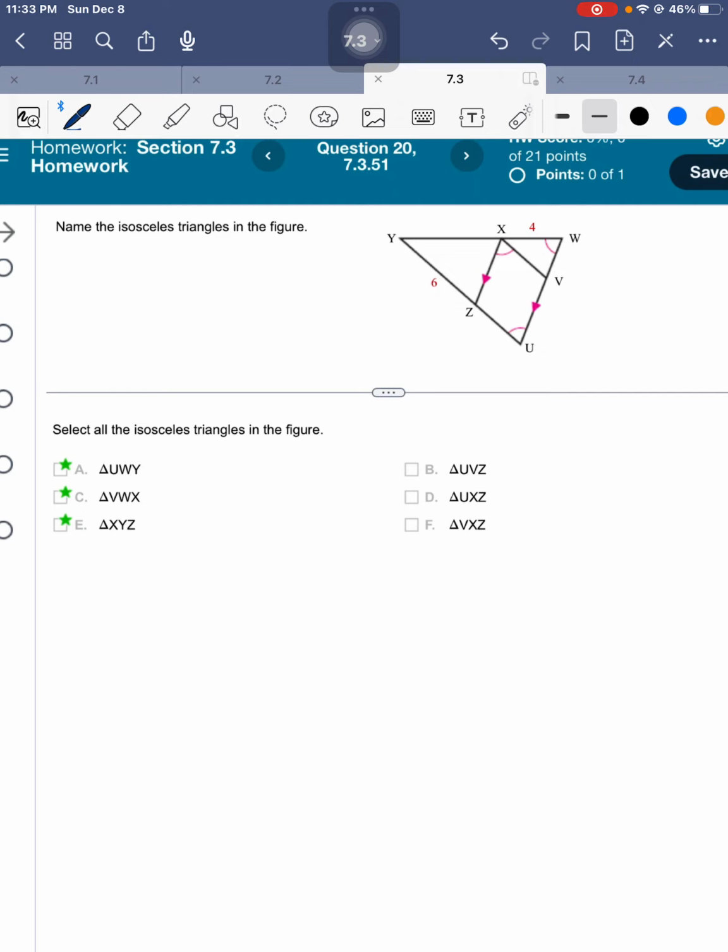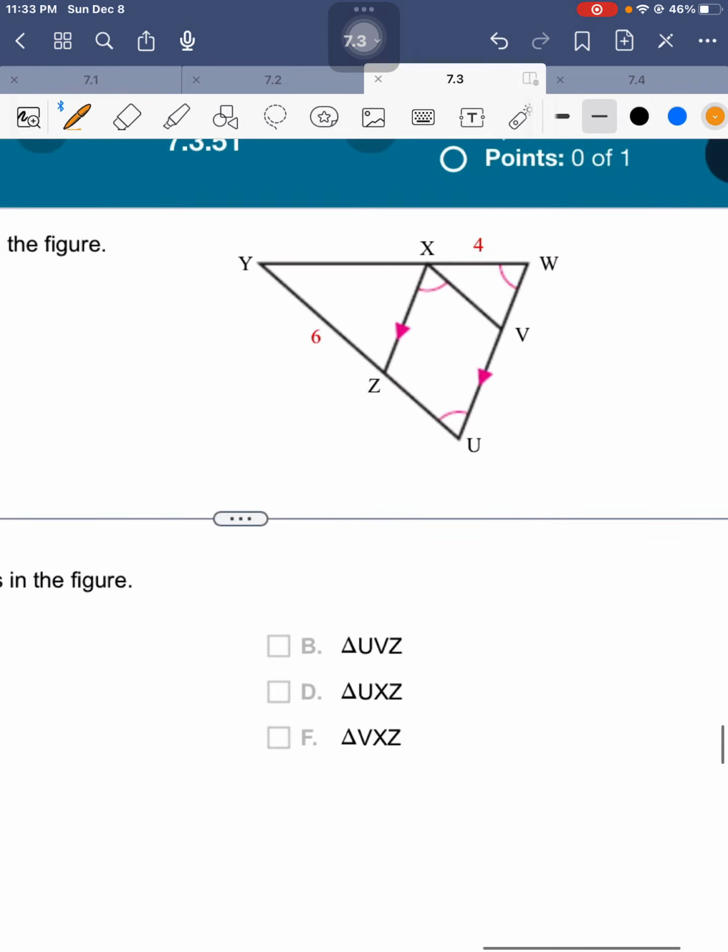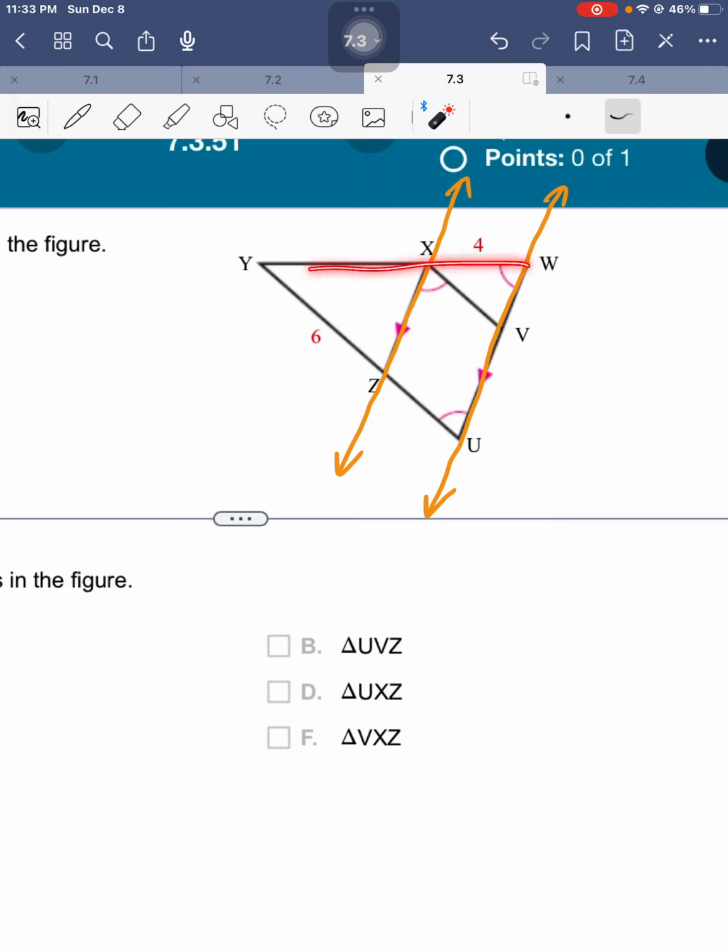Name the isosceles triangles. Okay, so this one's pretty tricky. So in blue and orange, I'll draw out my parallel lines. This is parallel. This is parallel. So now, you guys remember, you've got to look at this. I have this giant triangle.